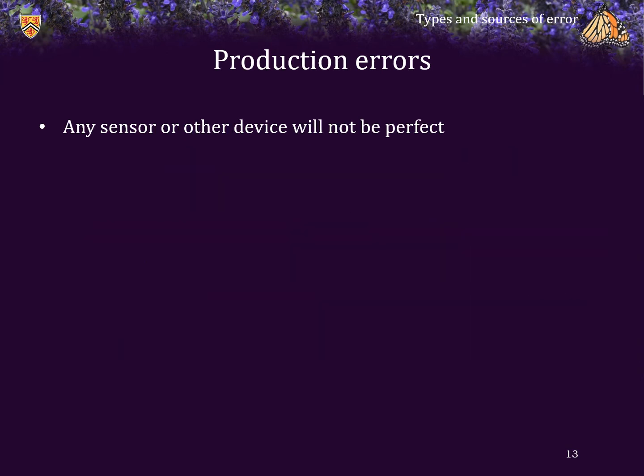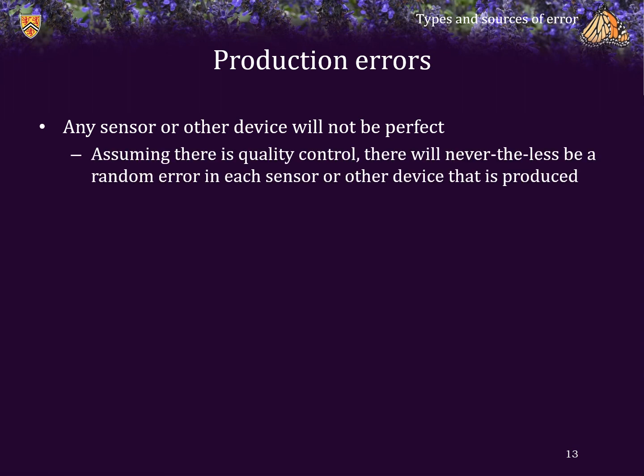Another source of error are production errors, and sensors or devices that are purchased will not be perfect. Now, we are assuming that there is quality control, so hopefully there is negligible systematic error. But nevertheless, there still will be random error with each sensor or other device or component that is being produced and used.